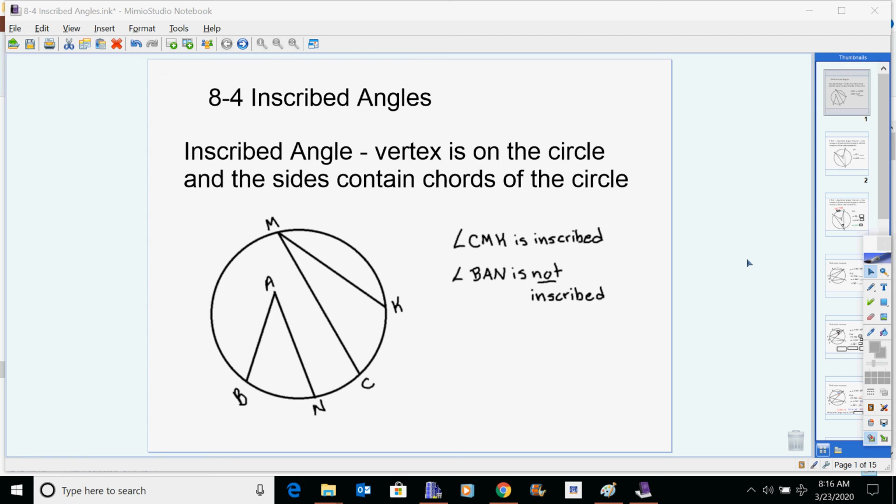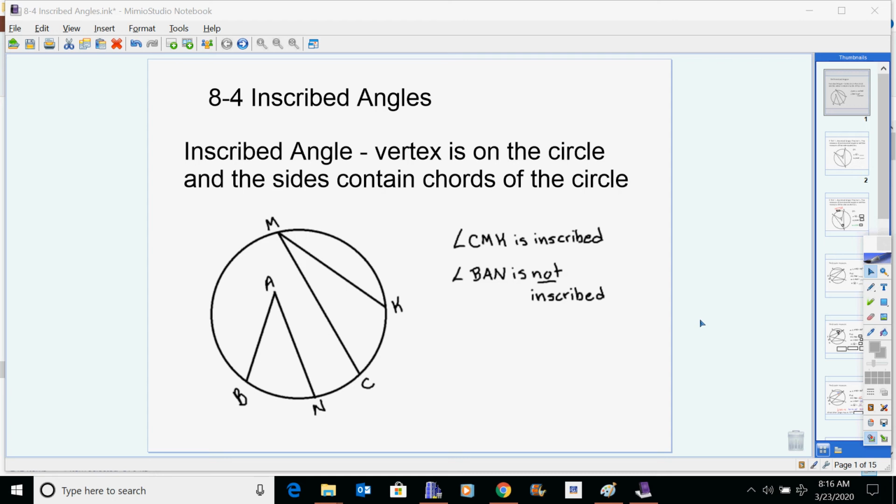That way you won't be using up all of your ink. One page per slide would get to be quite a lot. But if you skim those down and choose the pages you want to print, that should be helpful to you. I think most of the printers have settings like that. All right, so anyway, on to inscribed angles.